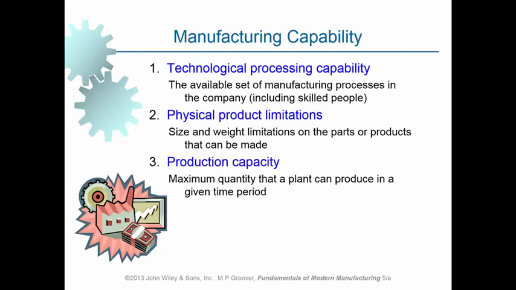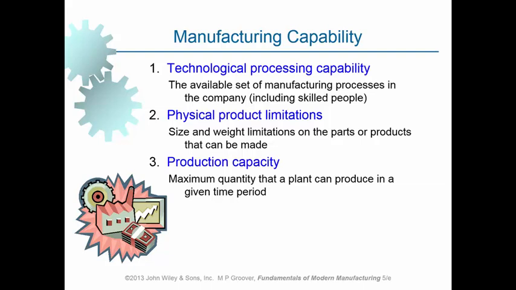Technological process capability puts a limit on what a manufacturing company can do. The available set of manufacturing processes in the company, and that includes skill level of the people, engineers, technicians, and all the people who work in the company, limits what this company can do.